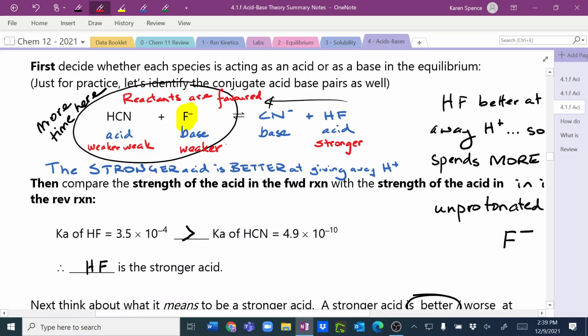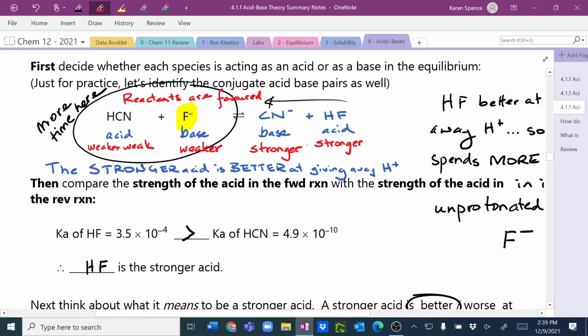Because HF was really good at giving away protons, that means its conjugate base is not going to be very good at taking them, yes? So if you're a stronger acid, your conjugate base will be weaker. And that means that CN minus is our stronger base.